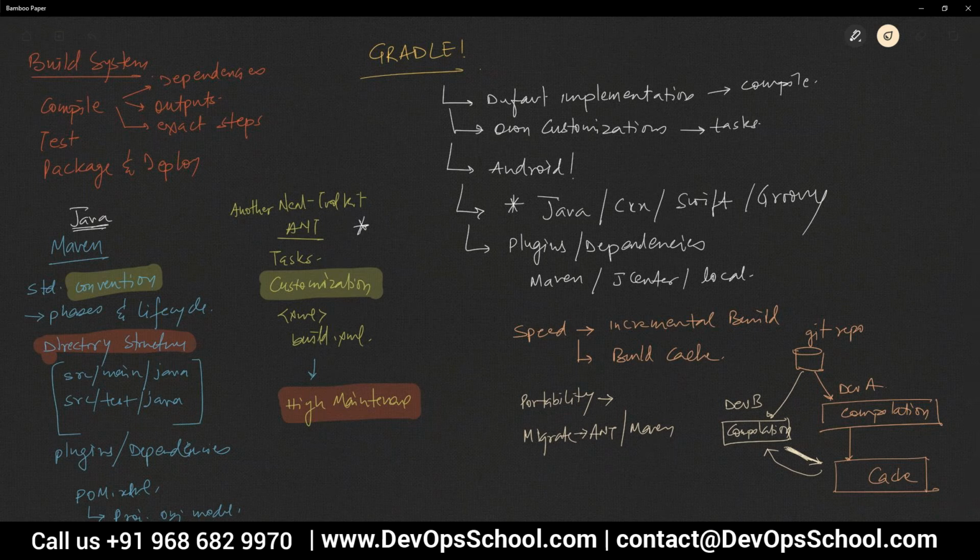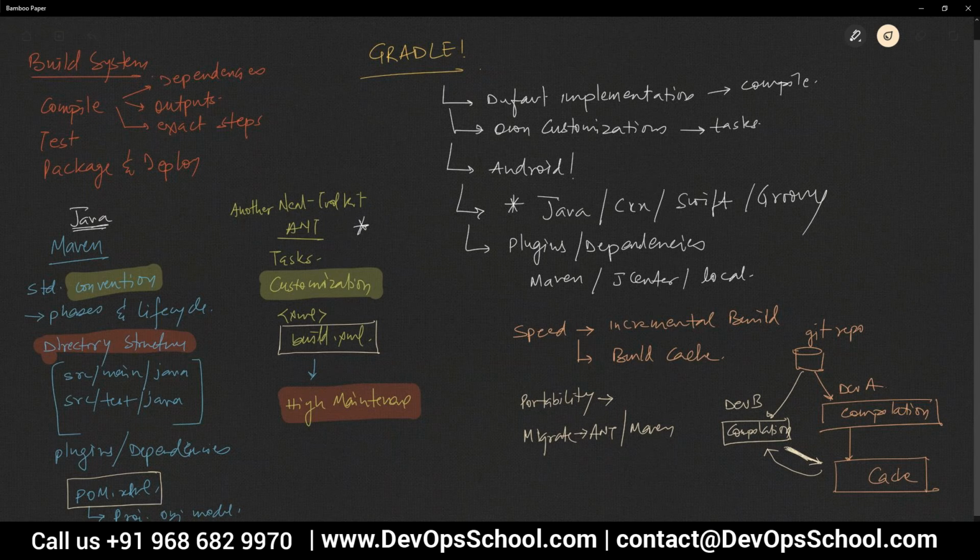Now, another advantage here is how you write your build configurations. In Maven, you use pom.xml, which is generated by default, but it is XML. And similarly, here it is build.xml. These are just configuration files, static data files which contain some information about what to do and what not to do. In Gradle, these build files are written in a programming language.